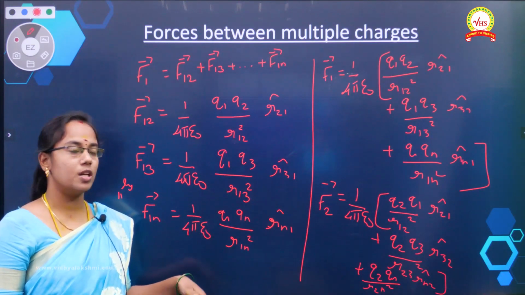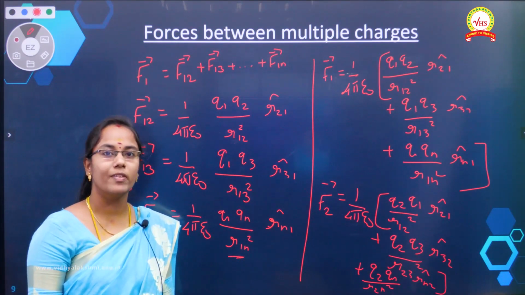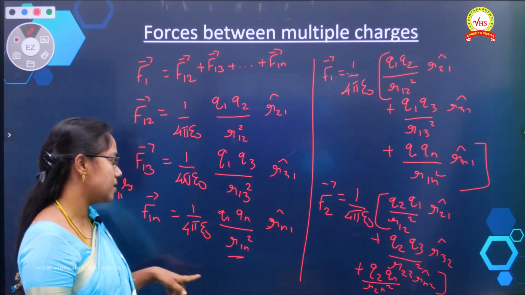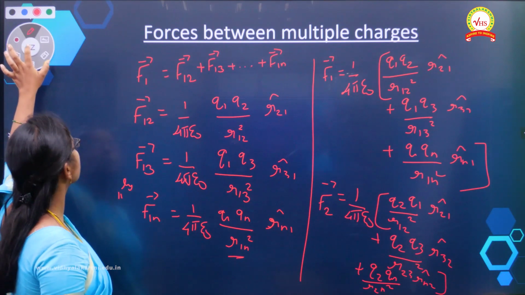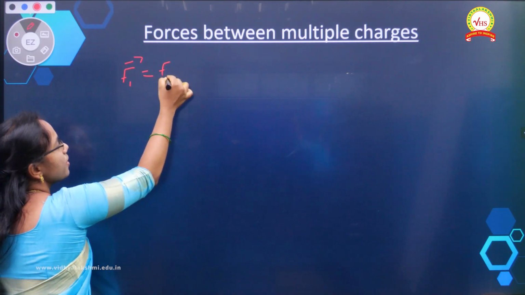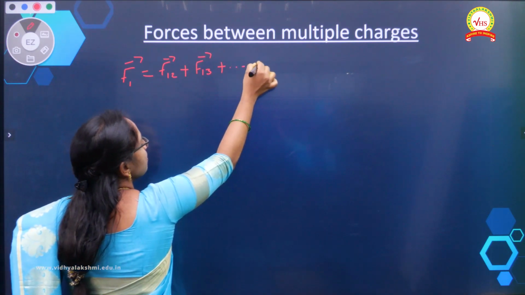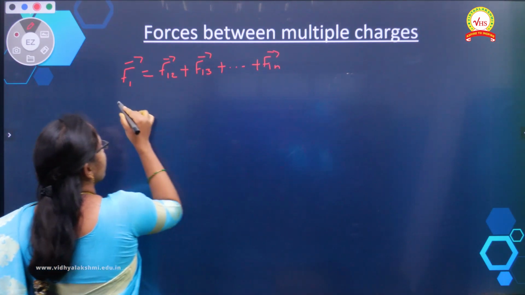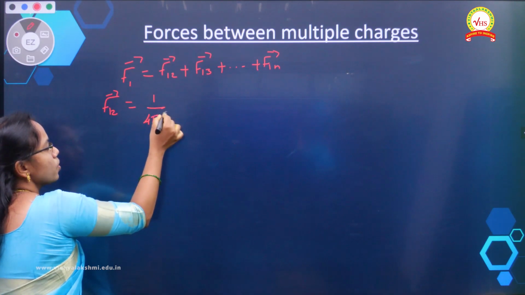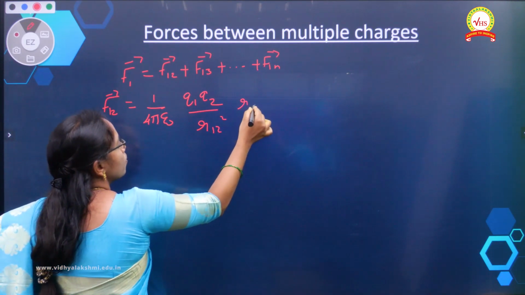In terms of position vectors, can we write the distances? Yes, it is possible. We have seen already how to mention them in terms of position vectors or displacement vectors. F1 vector can be written as F12 vector plus F13 vector plus till F1n vector. In general, F12 is 1 by 4 pi epsilon naught Q1 Q2 by R12 square and R21 unit cap.